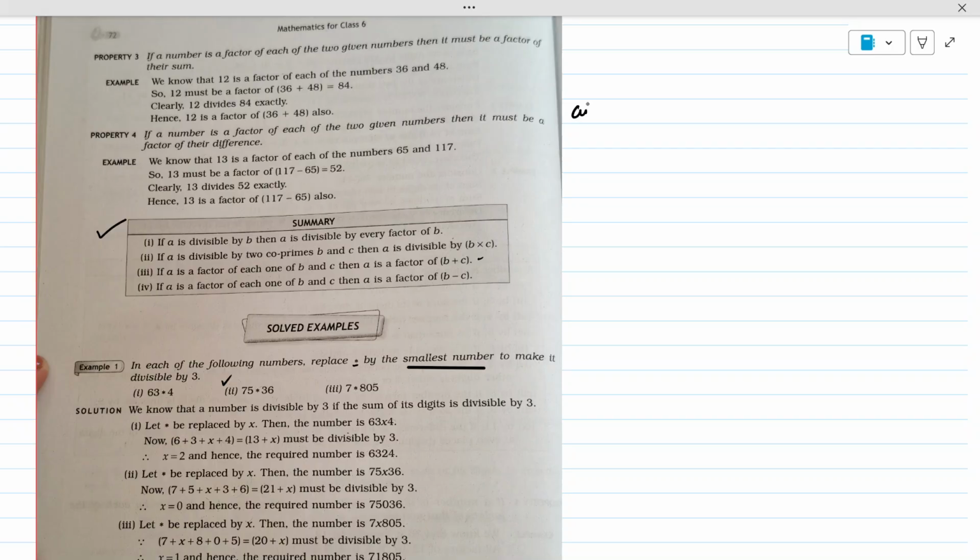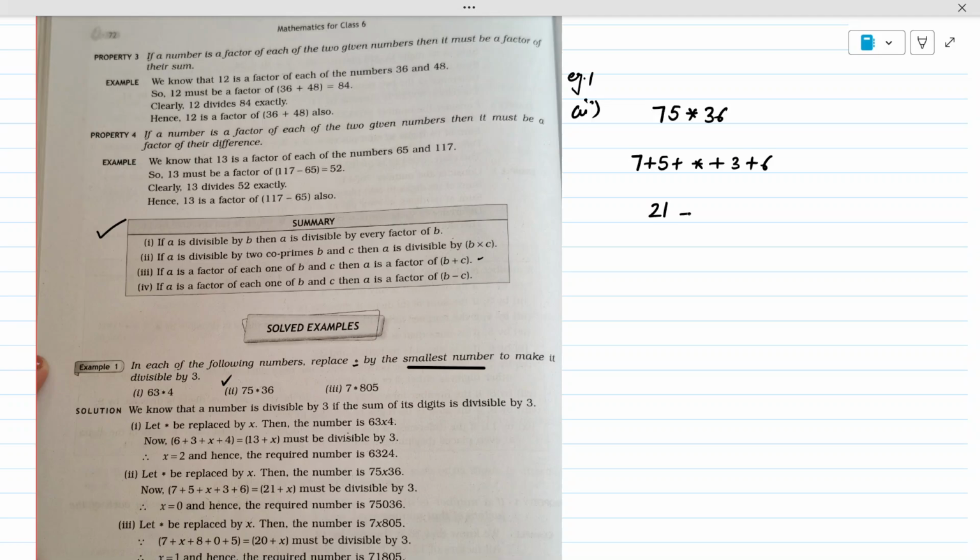Okay, I'm taking this example number 1 part 2, 7, 5, star, 3 and 6. And what we have to do, we have to find the sum of these digits. So what is the sum? 7 plus 5 is 12, 12 plus 3 is 15, plus 6 is 21.